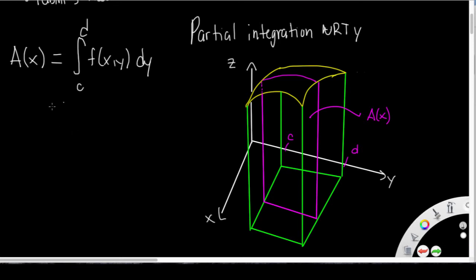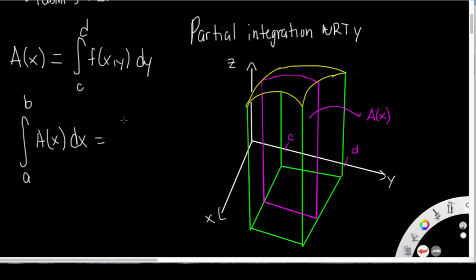Now going back to notation here, what if I integrate with respect to x on the left-hand side of this equation? If I do that on the left-hand side, I must do it on the right-hand side. So I need to do it with respect to x since we have a function of x here.